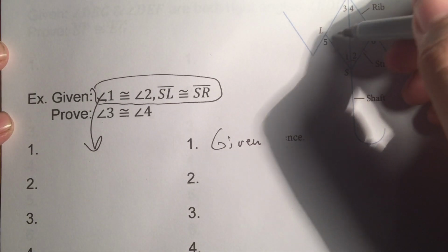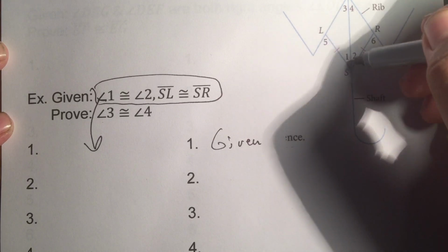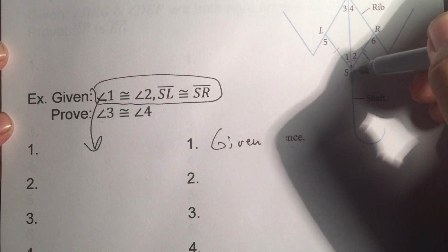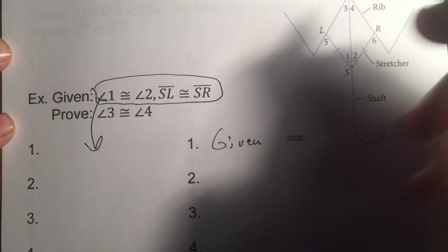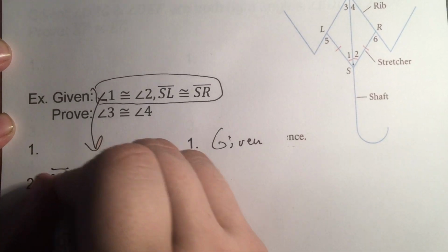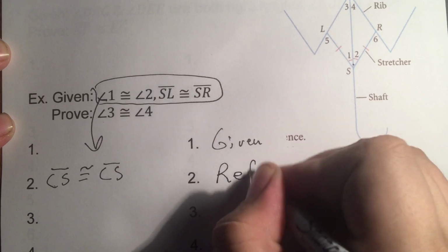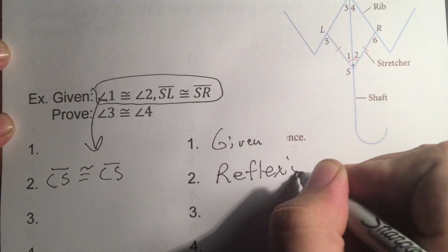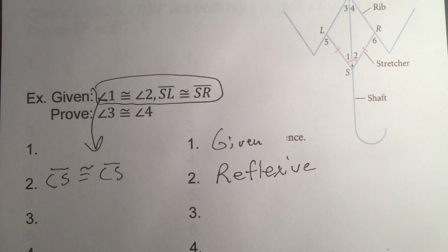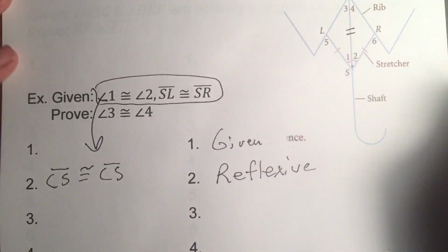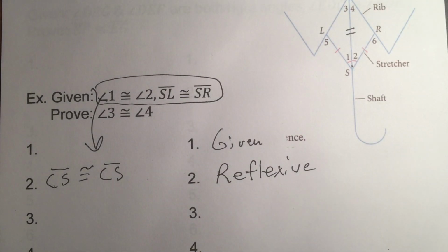The two triangles we're looking at are this triangle here and this triangle here. They share our side CS. So we're going to say CS is congruent to CS by reflexive. Look for that easy set of sides. If they're on top of each other, they have to be the same.